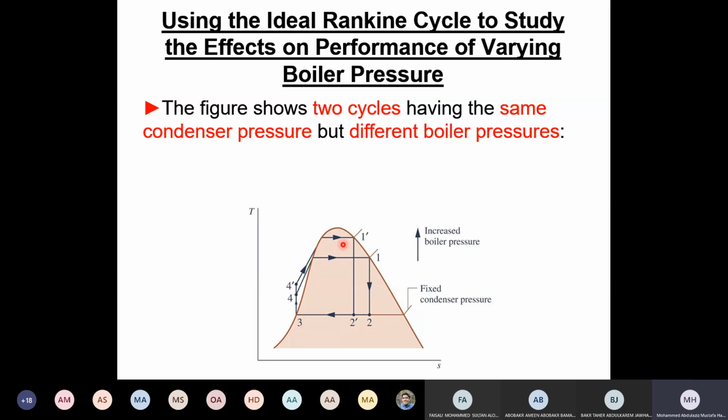So will this improve the efficiency or not, when I move from this point to this point? Yes, it improves. Why? Because TH will increase, so 1 minus TL over TH will be more. Remember, I'm not calculating the efficiency of the cycle, but the efficiency of a Carnot cycle, and this is a guide for us.